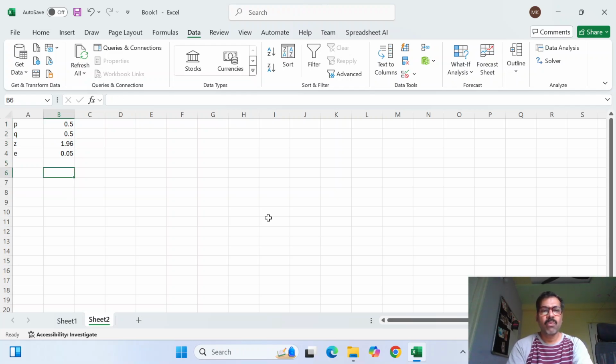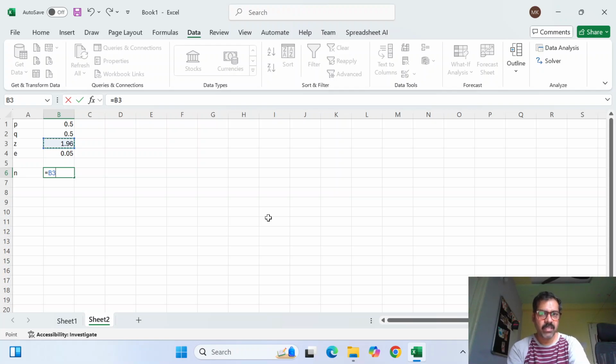Now, what is the sample size? The formula for this is Z square times PQ divided by E square.